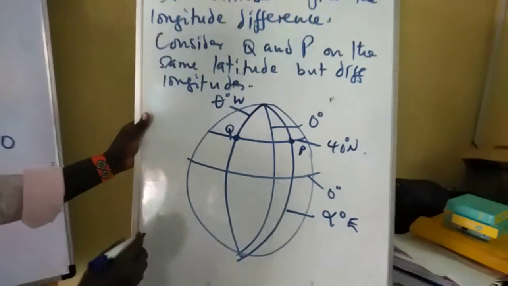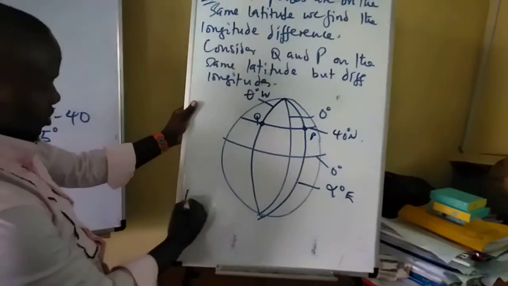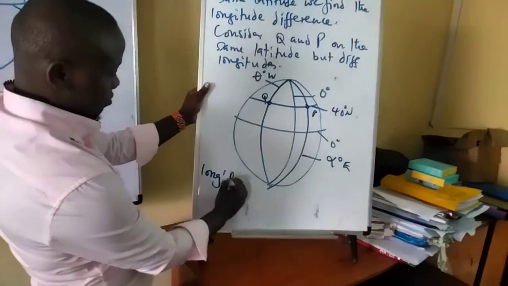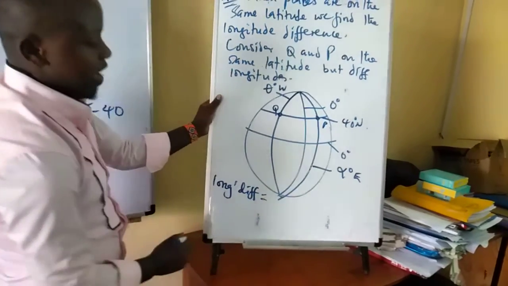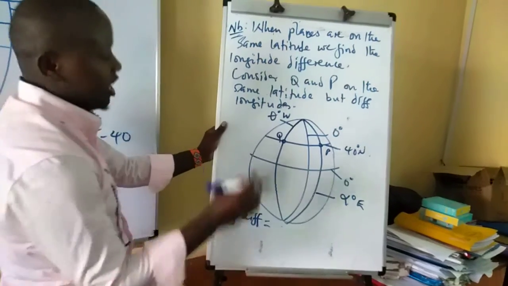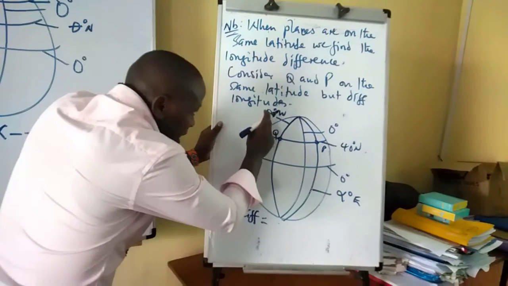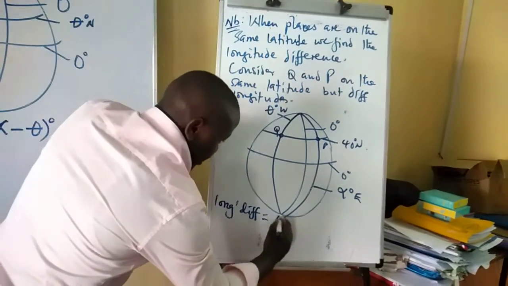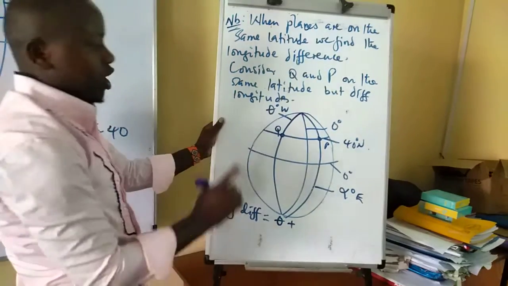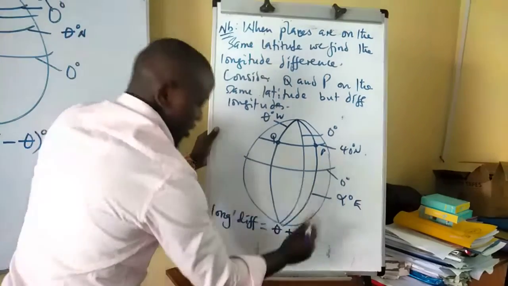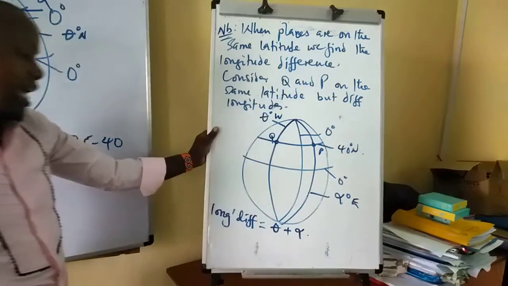And therefore, for us to get longitude difference, it will be the longitude where Q is, and that is theta, and we add the longitude where P is, that's alpha. Like that.